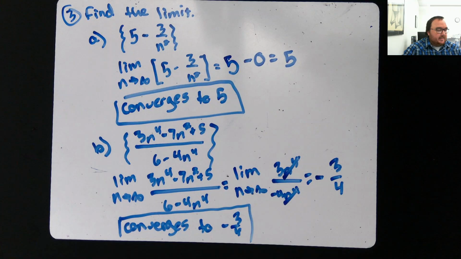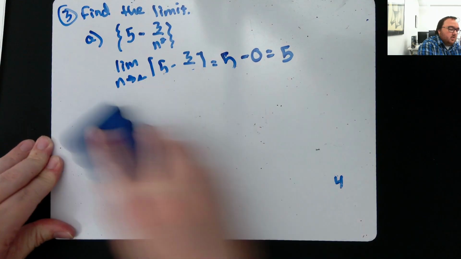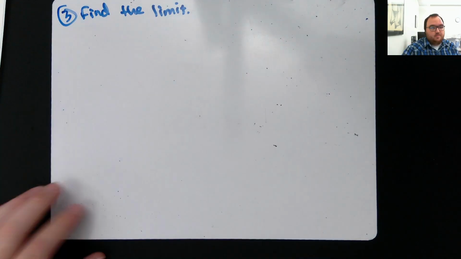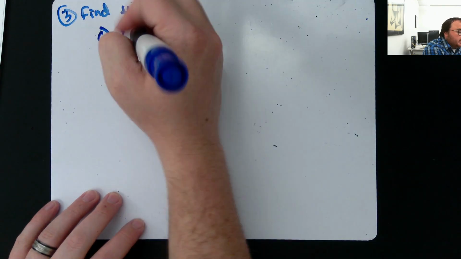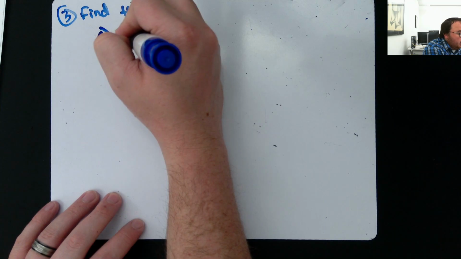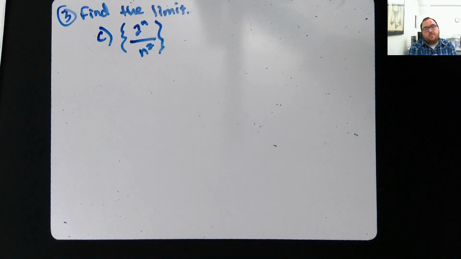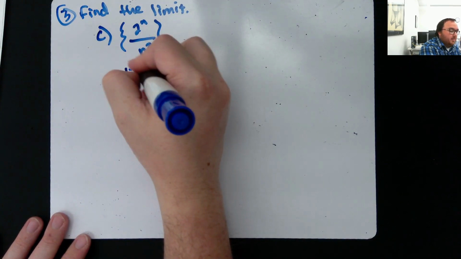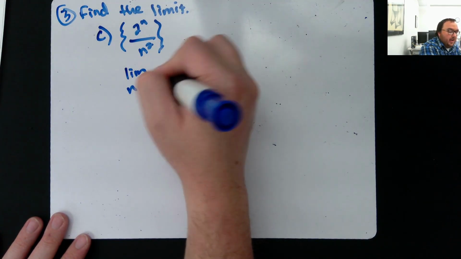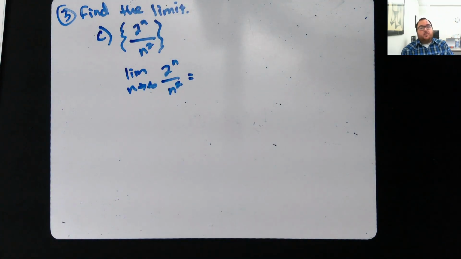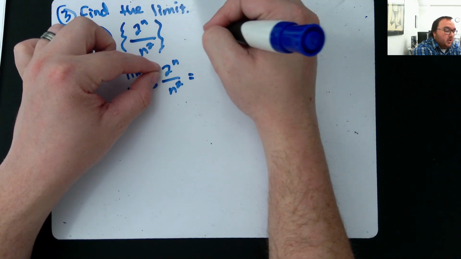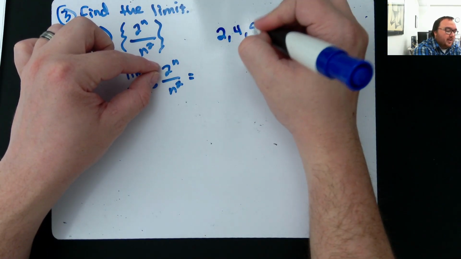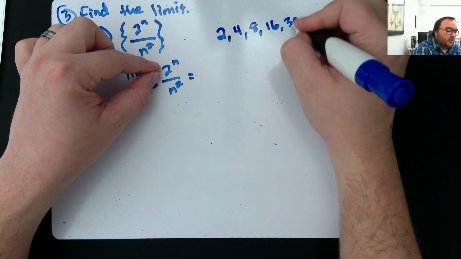Example C. The sequence 2^n over n squared. So again, that means we're going to take the limit as n goes to infinity of 2^n over n squared. For this one, we've got to think a little bit about which one is going to grow at a faster rate, right? So on top, I would end up with 2 squared is 4, 2 to the third is 8, then 16, then 32, on and on.